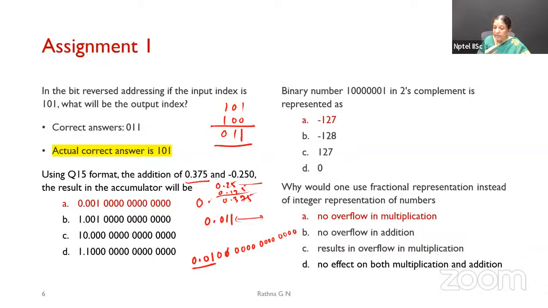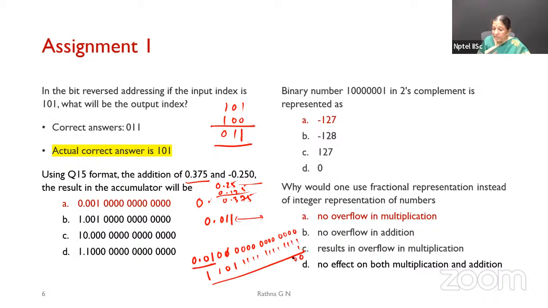If I take the 2's complement of it, it is going to be 1, 1, 0, 1, and these are all 1's. That is the 1's complement.